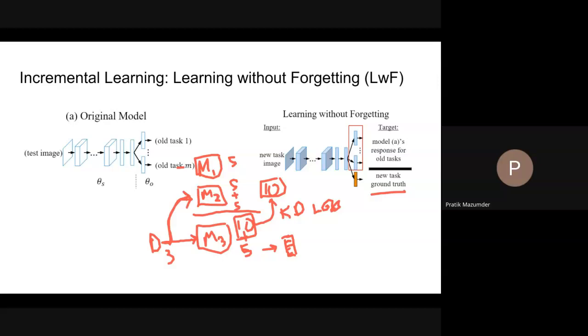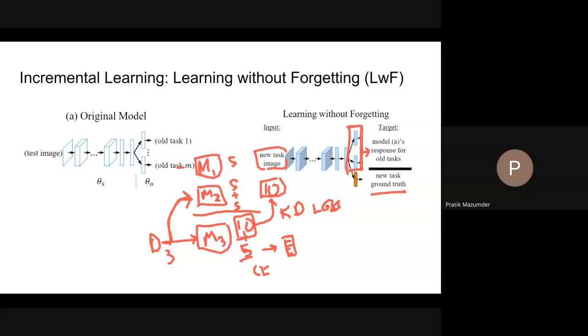So for this portion, we are using the cross entropy loss. So the target of this portion is basically the new task ground truth labels. But for the rest of the output, the target is the previous model's output for the same image, because we don't have any other image. We only have the new task images.